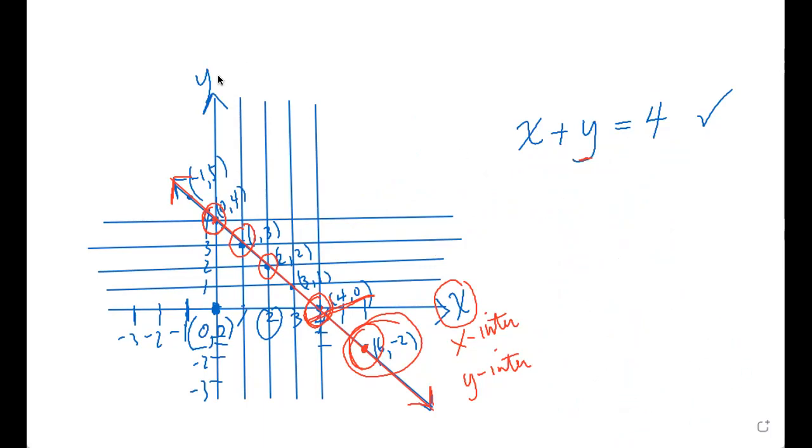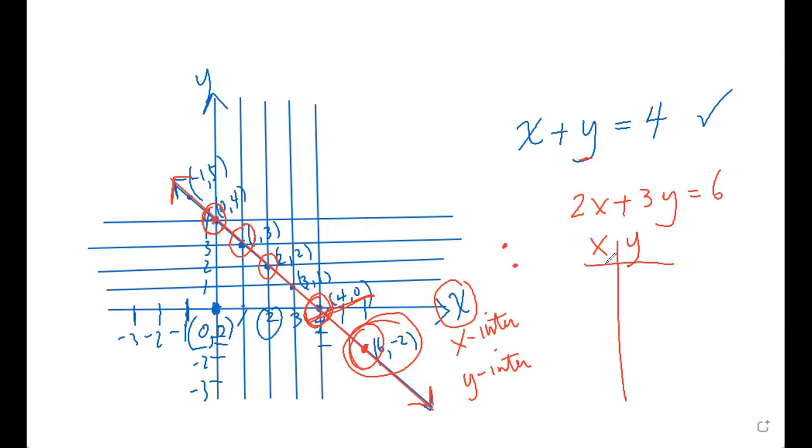So let's do that. See if you can graph 2x plus 3y equals 6. Again, you have to find 2 points in order to draw the line that will solve this equation. You have to find 2 points, and to do that, you do this table again.